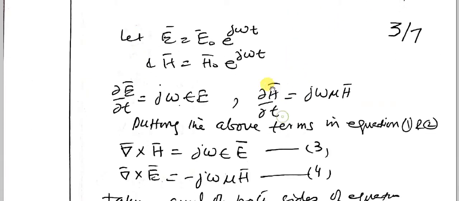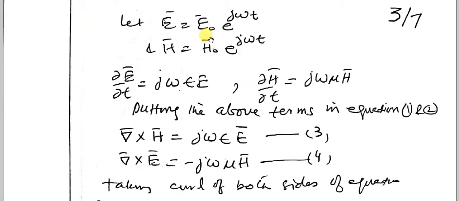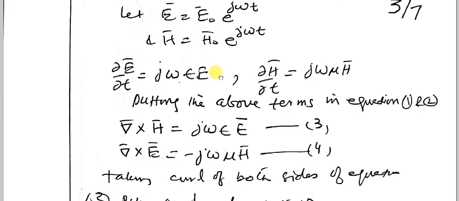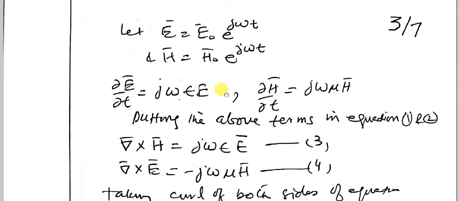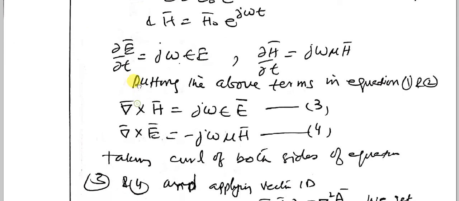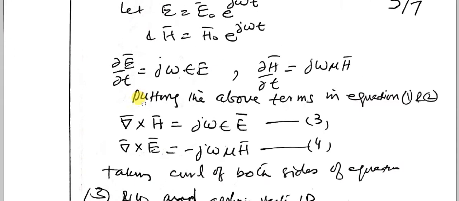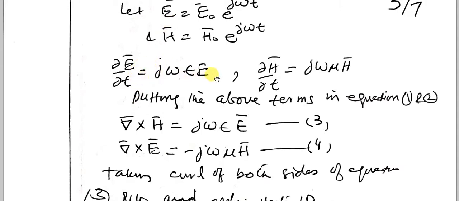Since E is equal to E0 e raised to the power j omega t, which has space and time dependent parts, and similarly H is equal to H0 e raised to the power j omega t, where H0 again has a space part with a certain pattern, taking the differentials of E and H we have delta E by delta t and delta H by delta t values.